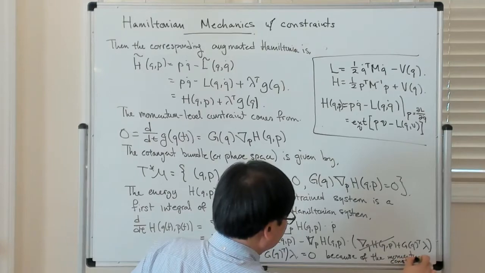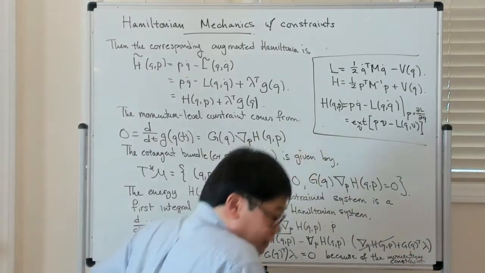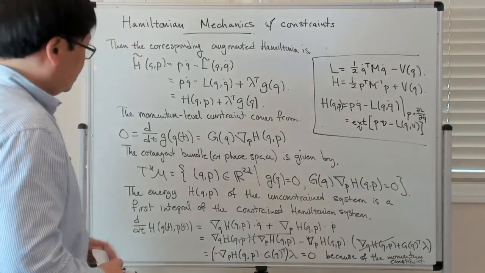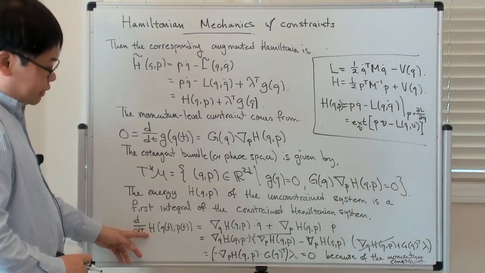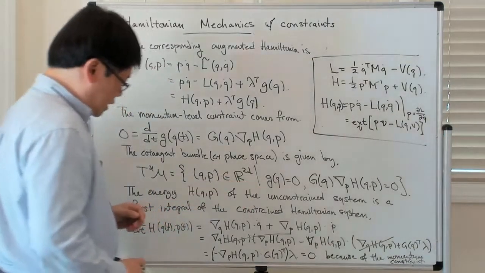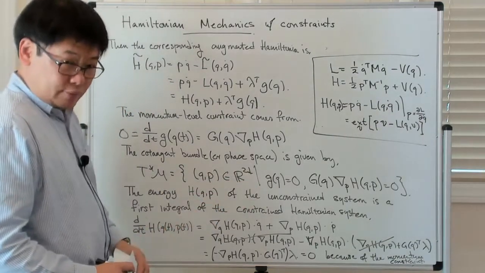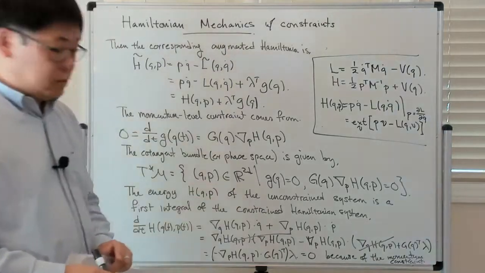The constraint that the momentum is in the cotangent bundle of the configuration manifold then guarantees that the Hamiltonian associated with the unconstrained system is a first integral of the constrained Hamiltonian system. All right, so let's just stop there.